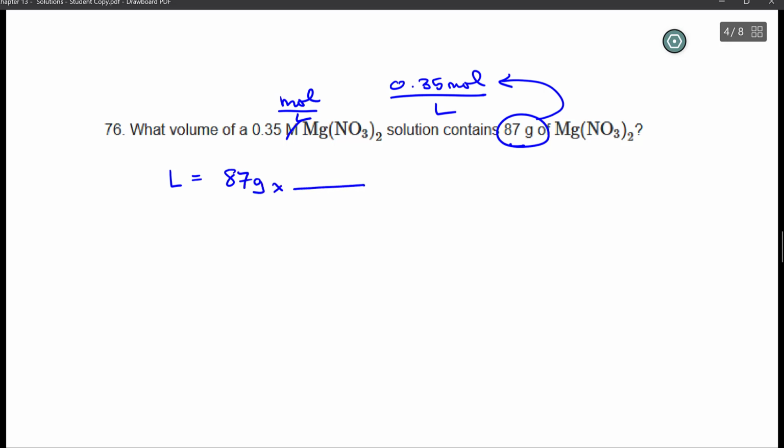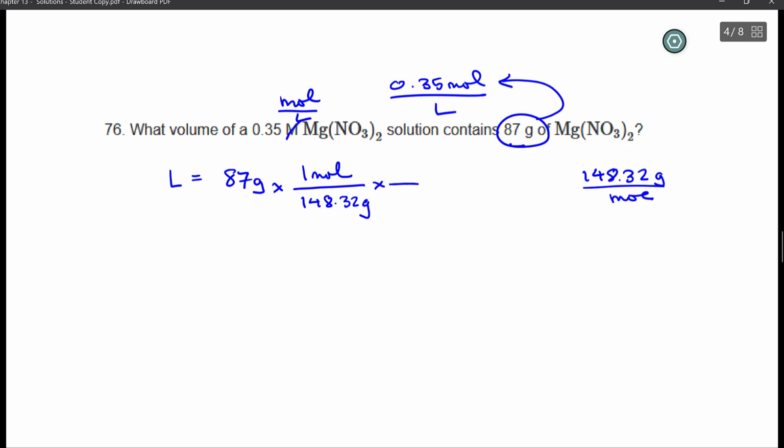Now I have to convert that to moles. So what do you need? You need to calculate the molar mass. Okay, so I looked it up, and it's 148.32 grams per mole. And that tells me how I will use that in my calculation. So I have 148.32 grams for every 1 mole.